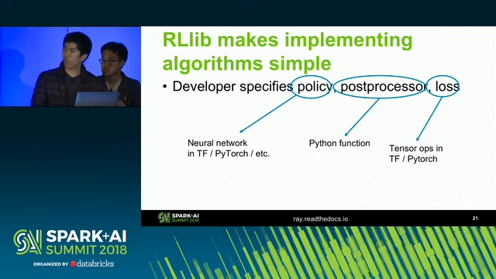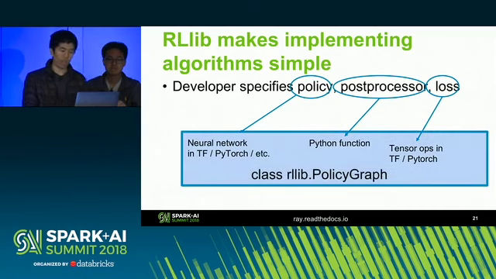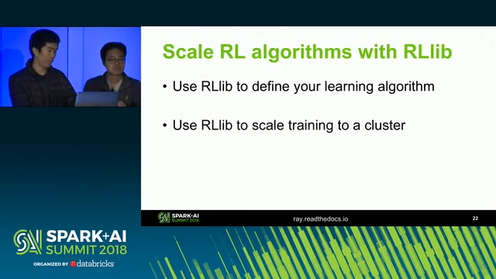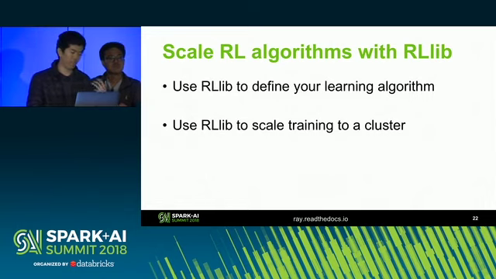And your loss is also defined in your deep learning framework. To get all this to work with RLlib, you have to wrap it into an RLlib policy graph class, which just holds these functions and the state of the policy. And then you can scale it with RLlib. In a nutshell, RLlib helps you define your learning algorithm with many utility functions. And also, once you've defined your algorithm, lets you scale it easily to a cluster.